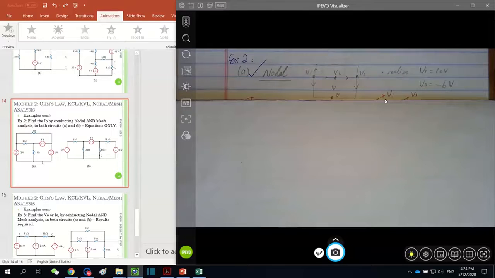Before that, we need to realize some very simple things to make the rest of our analysis much easier. First, at node 1, what is the voltage of node 1, V1? It equals 12 volts. Why is that? Look at the original circuit. V1 with respect to the ground is nothing but 12 volts, given by this voltage source.